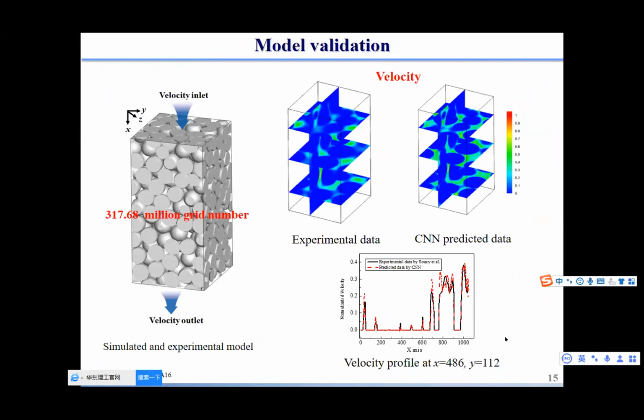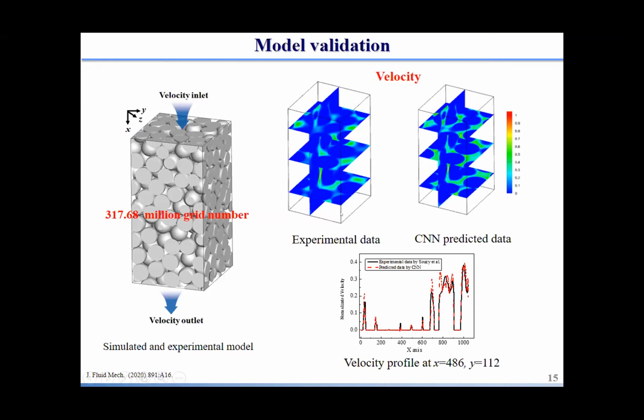Now, at first, we should validate our models, and we get a reference from the Journal of Fluid Mechanics. So this is the experimental study, and this is a velocity inlet in the packed spheres, and this is the experiment data from the LPV photography.